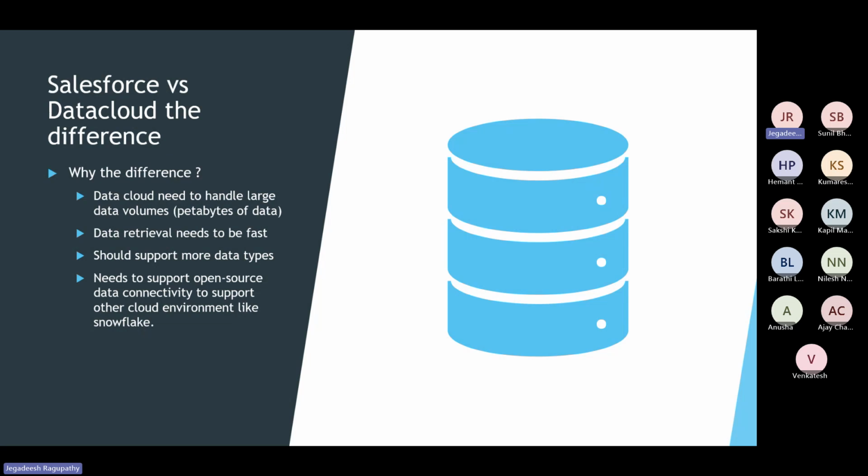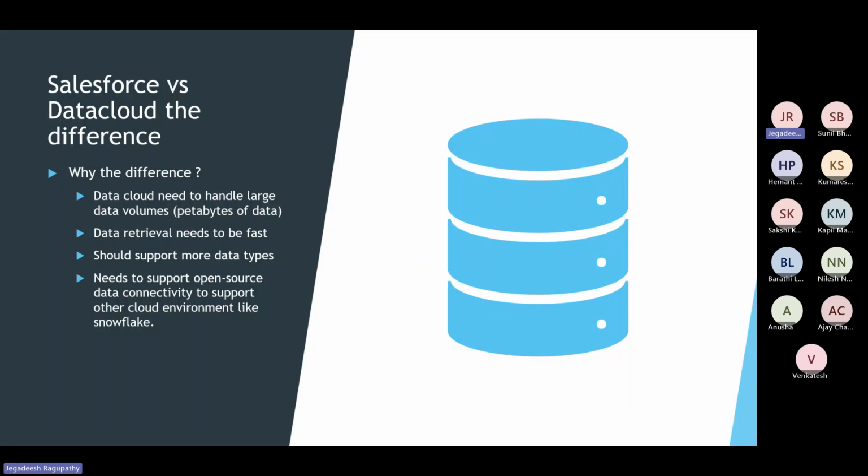Any file format should be open source, so that whenever Salesforce tries to pull in some Snowflake data, as mentioned here, being open source will be helpful for all the other cloud environments to transfer or connect data from one environment to another. They have kept that in mind and designed it to support open source data connectivity too. Okay.